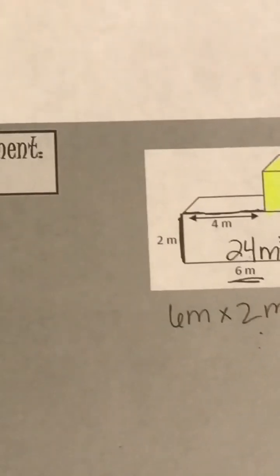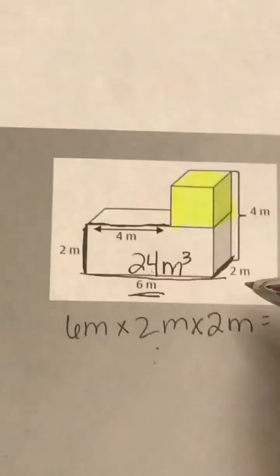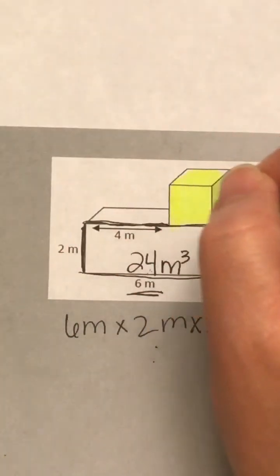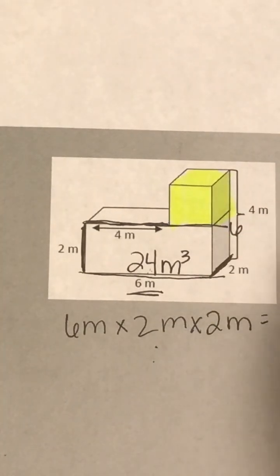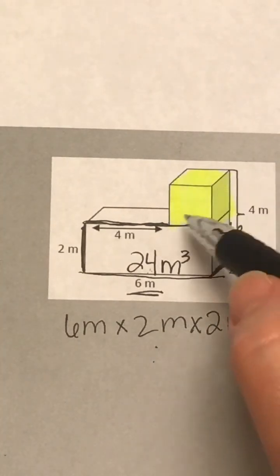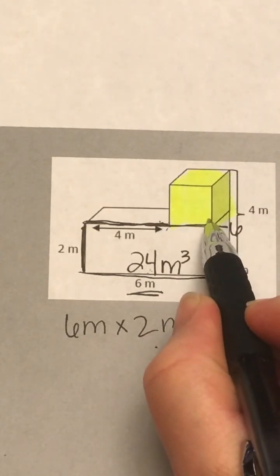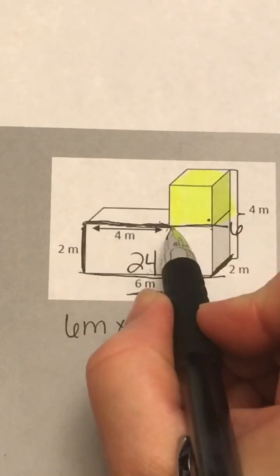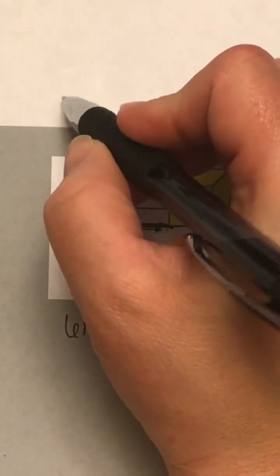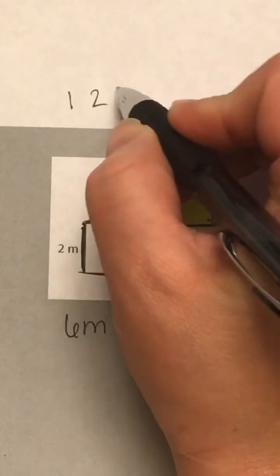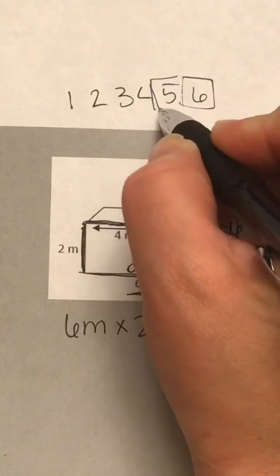So if I'm looking at my paper and this line is 6, that means that this line is also 6. But I don't need to know the whole line. I just need to know this part right here. So here's 4. I've already used up 4. So I could think of it as like 4, 5, 6, our tape diagram, right?